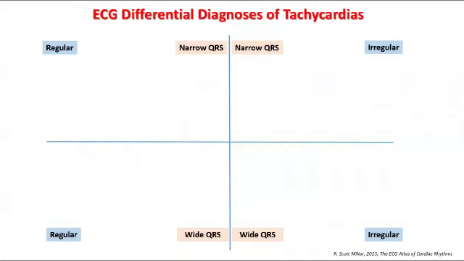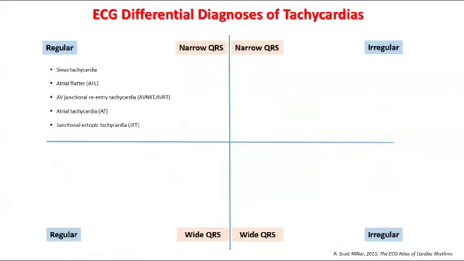Now, looking at narrow complex regular tachycardias, there we have things like sinus tachycardia, which is really easy to diagnose, I think.